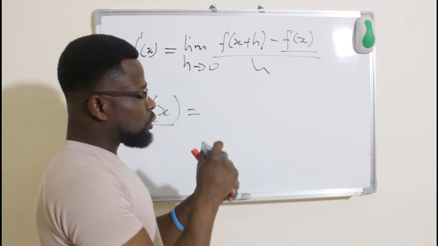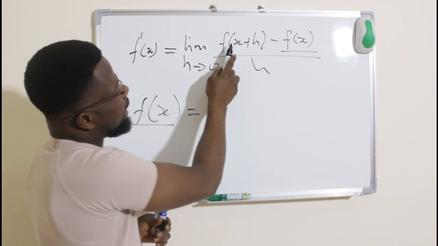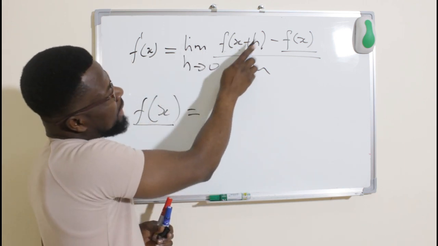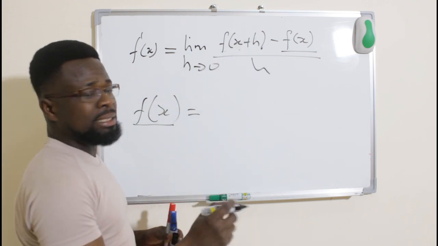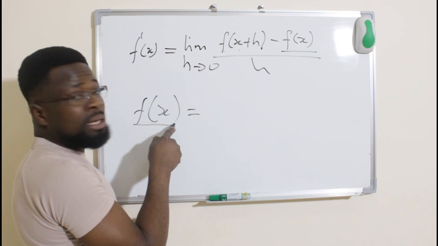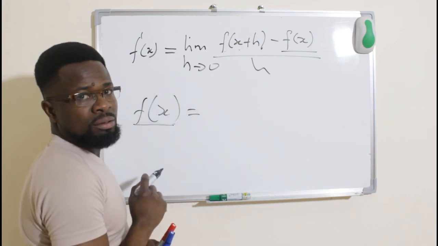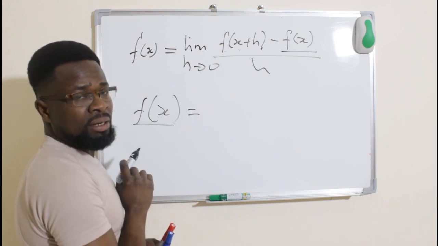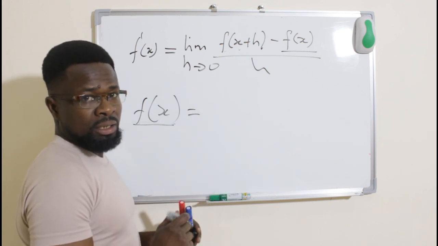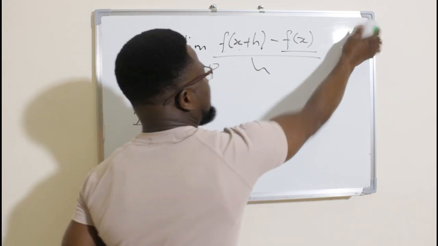Then there is f of x plus h. The f of x plus h simply implies that wherever we see x in the function, we're going to put x plus h into the function that we are given. That's exactly what we need to do in solving problems with it. So let's try solving the first example and see how to apply this formula.